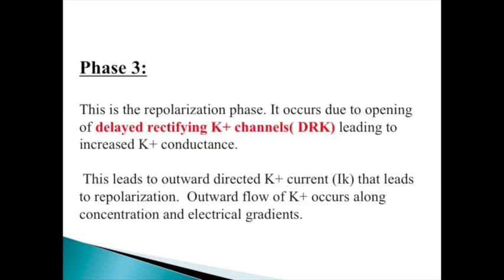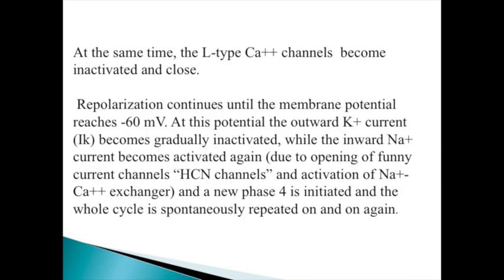Slide 49 provides you a basic understanding of what's really happening in phase 3. You have to remember that at the same time as potassium efflux, the L type of calcium channels become inactivated and close, and the repolarization continues until the membrane potential reaches minus 60 millivolts.